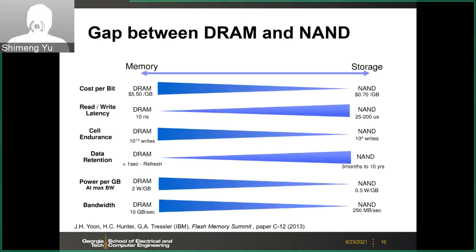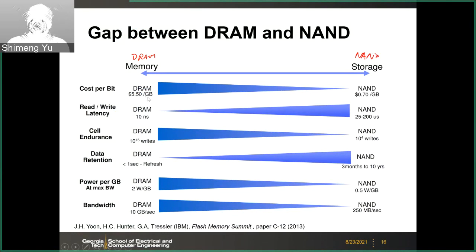Not only does a gap exist between the CPU and the DRAM, but there's also a gap between the DRAM and the NAND flash. Here I quote an analysis between the memories, the DRAM versus the NAND flash, in terms of cost per bit.